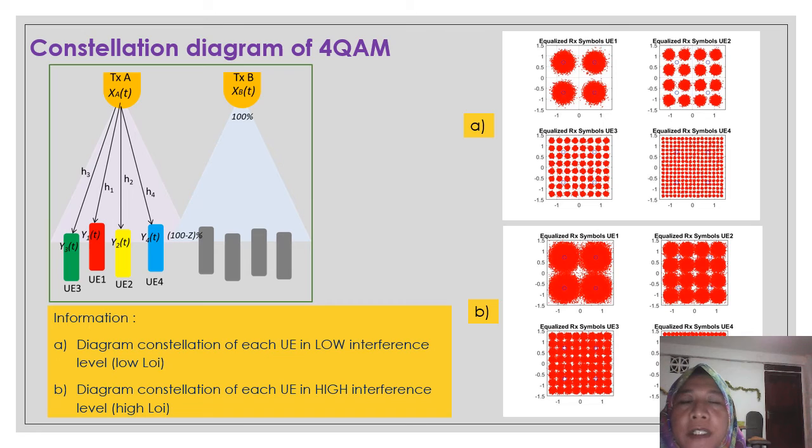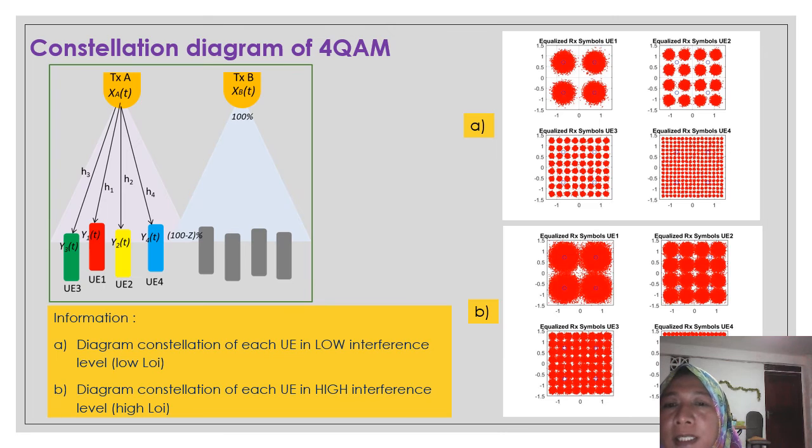If we review the constellation diagram of the MIMO 2 by 4 network, as can be seen from figure A, where the interference level is low, every user from user 1 to user 4 has clear constellation points compared to figure B, where the interference level is high.